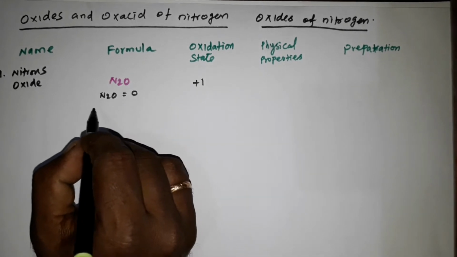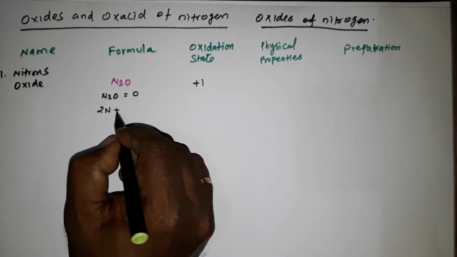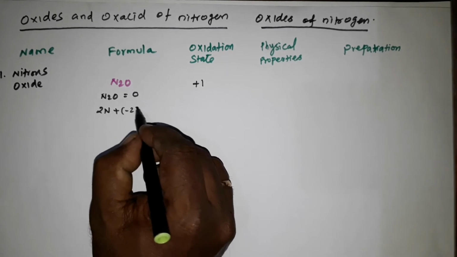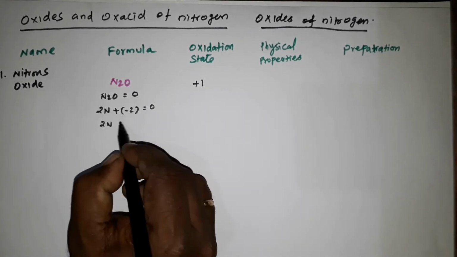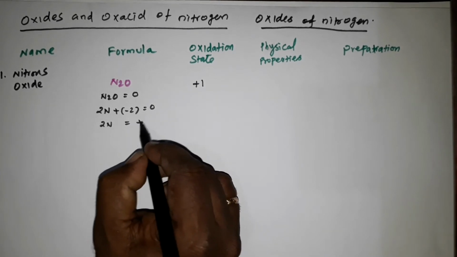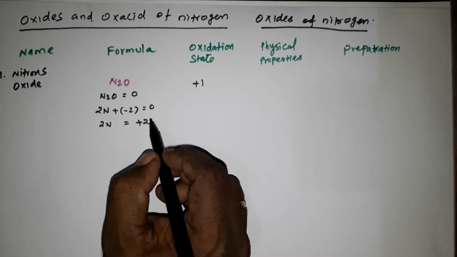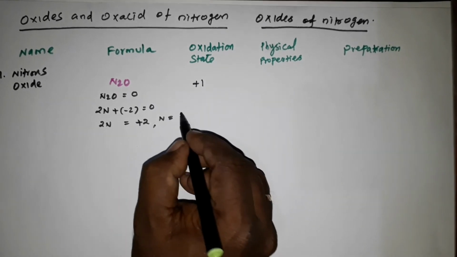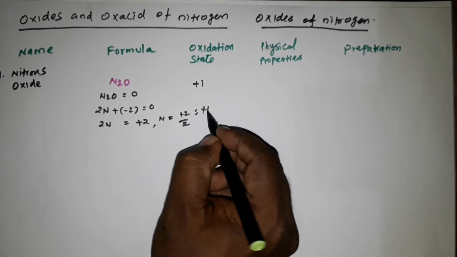Here how many nitrogen atoms are there? 2 nitrogen atoms plus, what is the oxidation number of oxygen? That is minus 2, equal to 0. So 2 nitrogen equal plus 2. Don't forget to write the symbol, plus or minus. Then what is the value of nitrogen? Nitrogen equals plus 2 divided by 2, equal to plus 1.